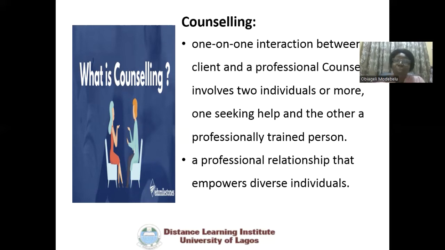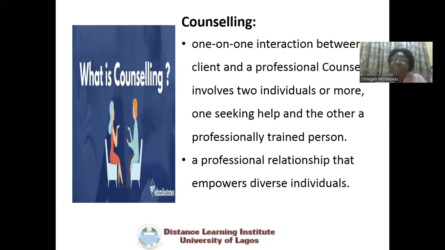So it is a one-on-one relationship through which one seeks to help the other person to realize himself, to discover himself, to realize his problems, and be able to act on the basis of this understanding and realization to solve his or her problem. So it is a professional relationship that empowers diverse people, individuals, family, group, in the health sector.